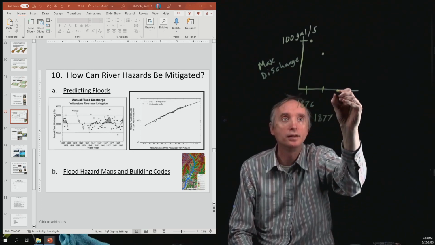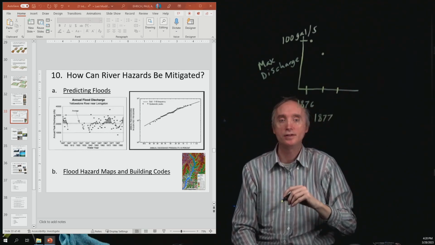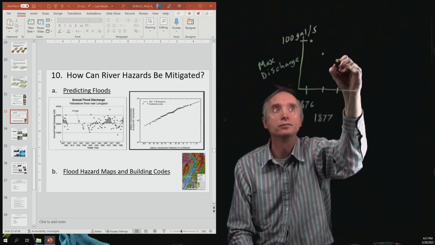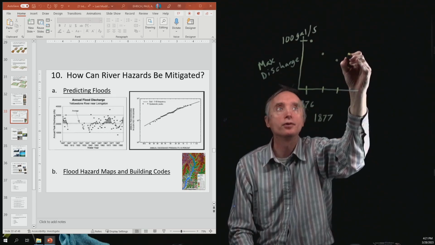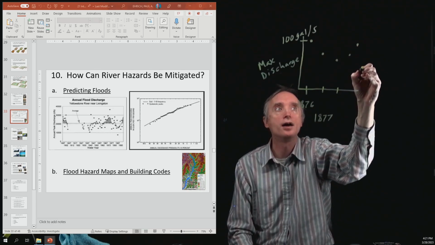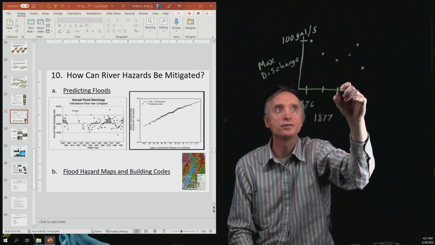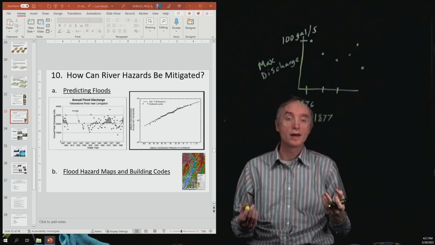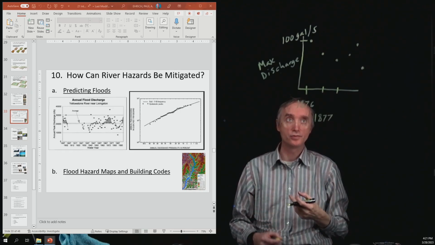Then in the next year, 1878, let's say that it was right here. Over a period of time, we're going to get a series of dots that illustrate the maximum flow rate for each of those years.